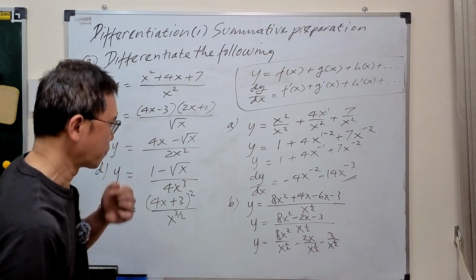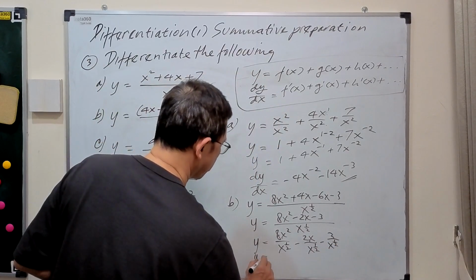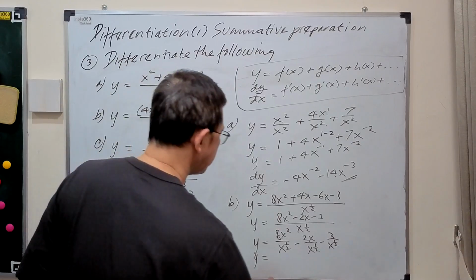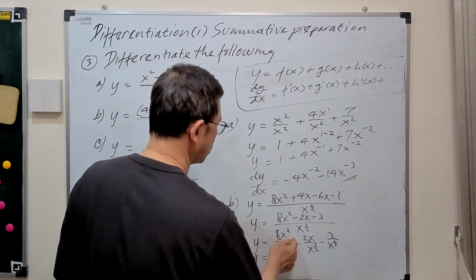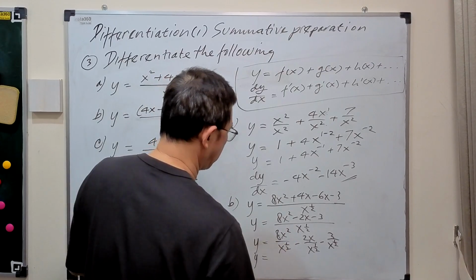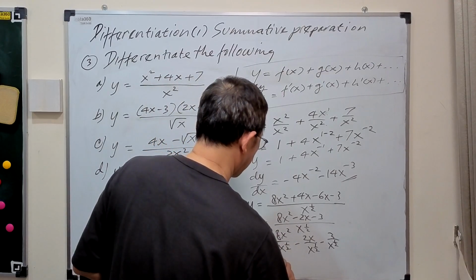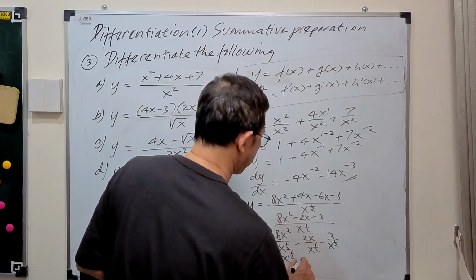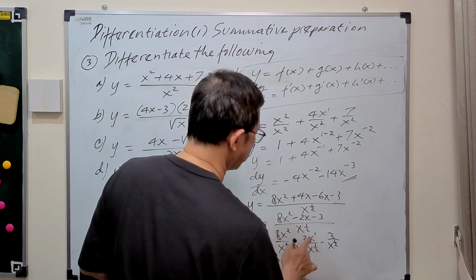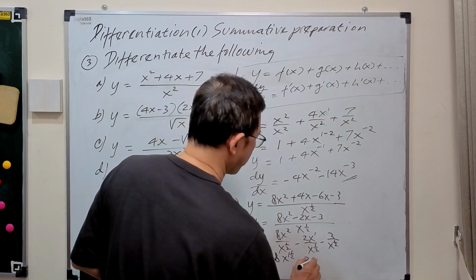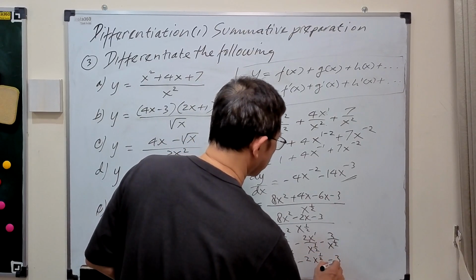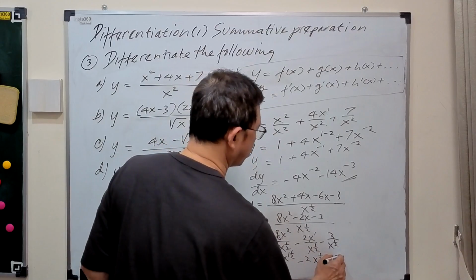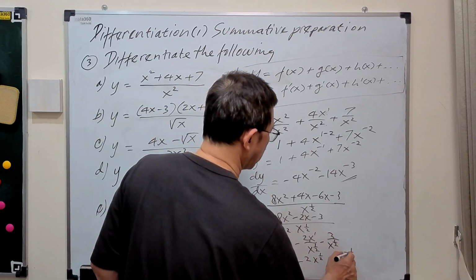Then we subtract: 2 subtract by half, we get 8x to the power of 1.5. Then right here, 1 subtract by half will be half. Then x to the power of half can move to the top, negative half.